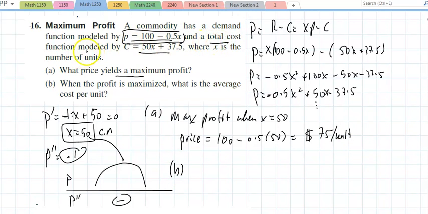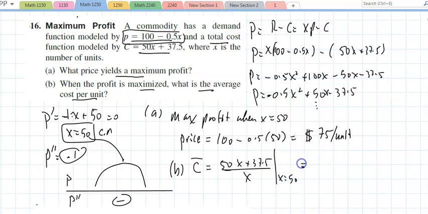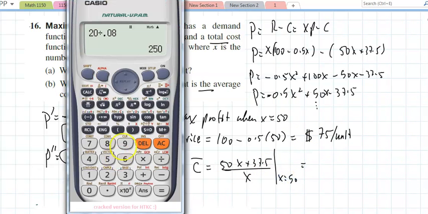And the total cost, in part B. When the profit is maximized, what is the average cost per unit? The average cost per unit is, what did we find it to be? Take the cost, 50x plus 37.5 divided by x. Evaluate it at x equal 50. What is that? Well, I have a calculator.